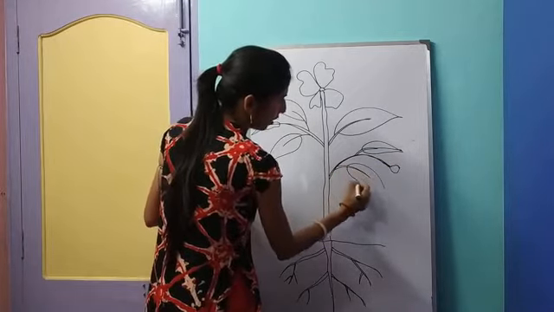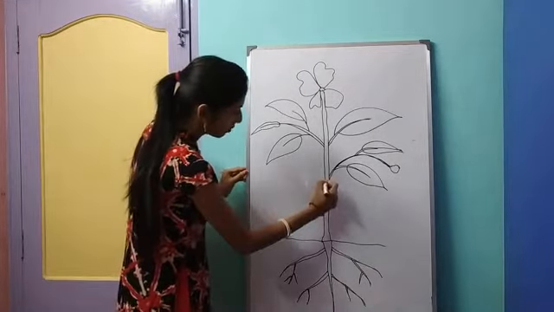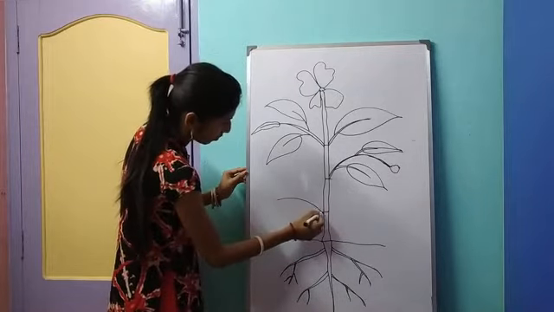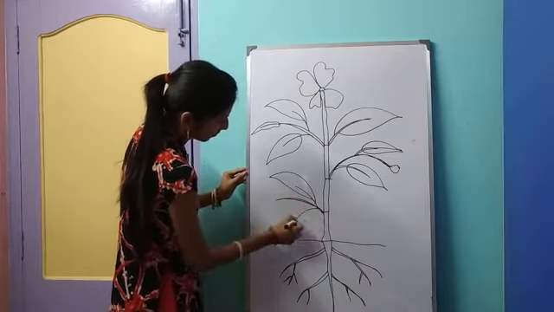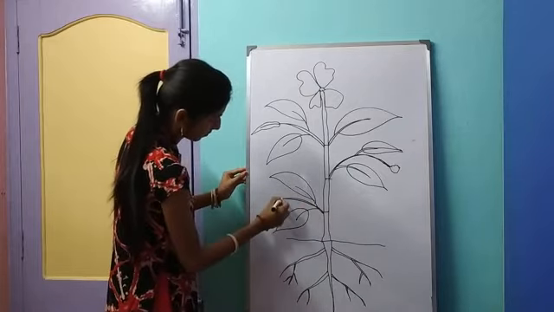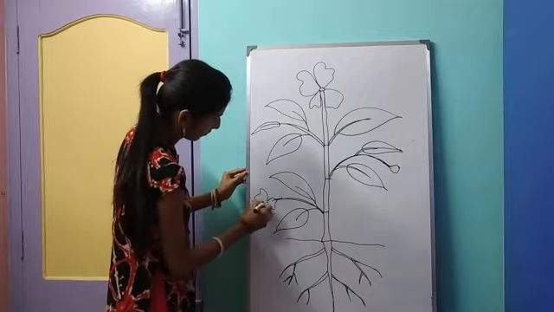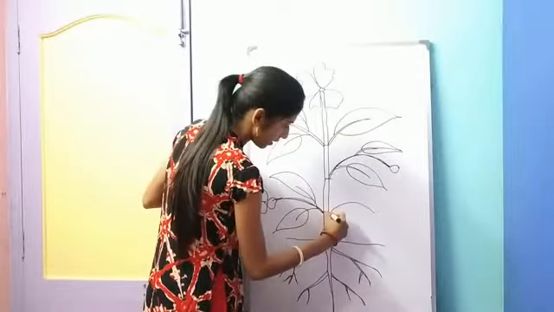So you can see the diagram. Okay, let me draw some other branches also. Okay, so this is a diagram of a plant.